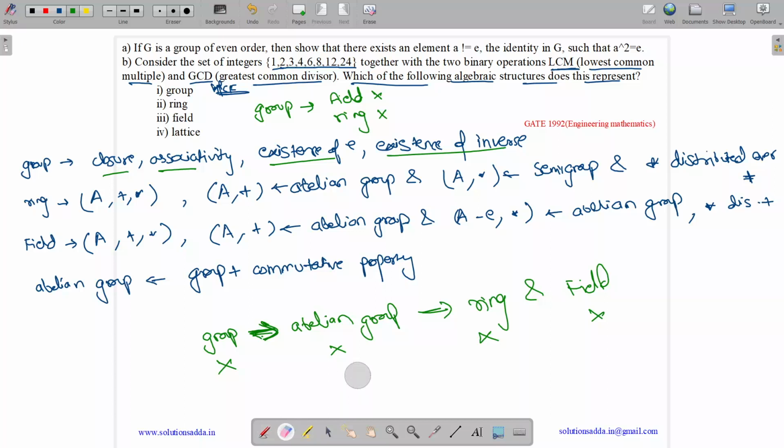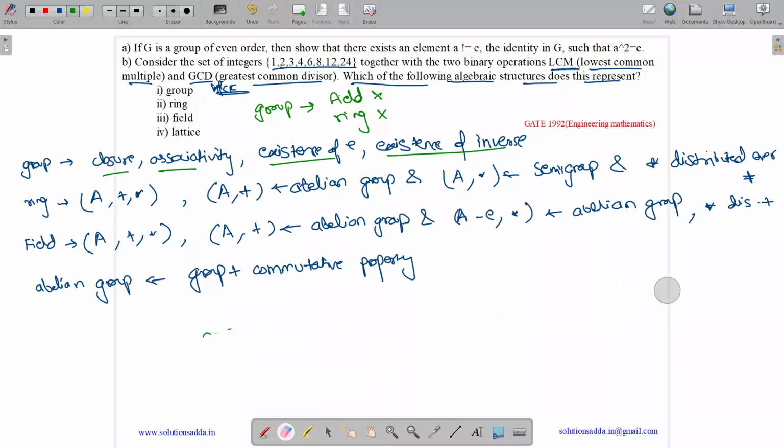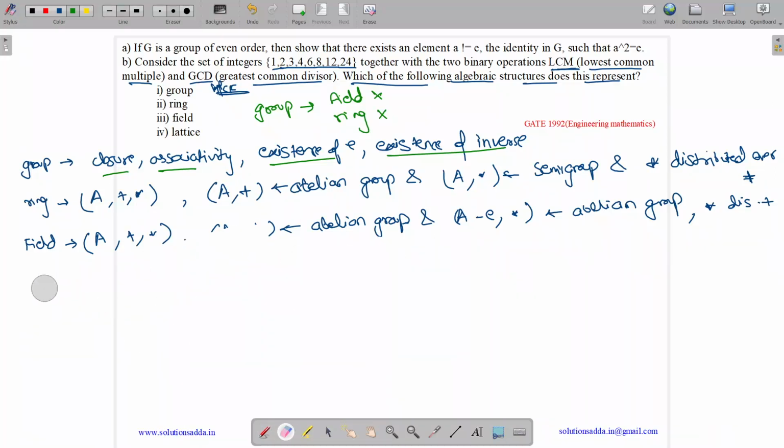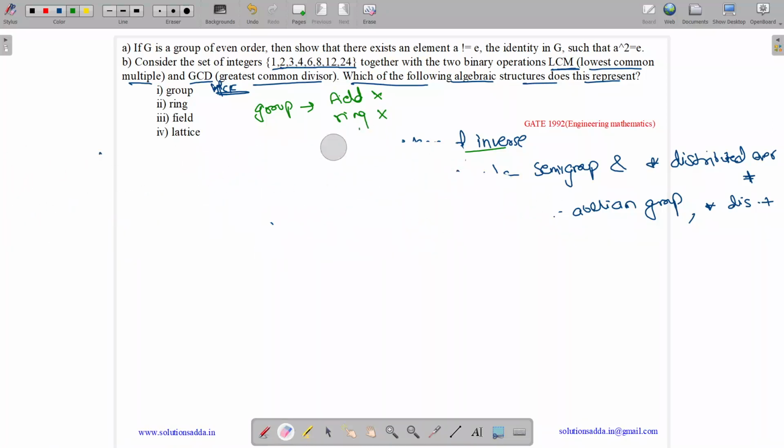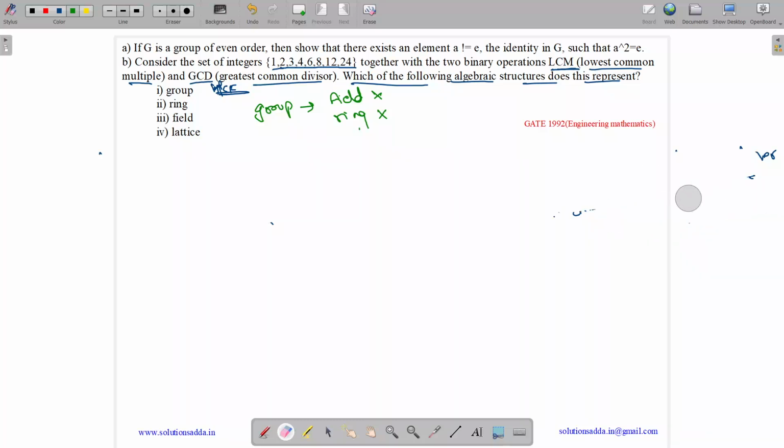Okay, now let me clear these things out and explain it further. So what is this operation? We can easily see that this is basically our D24 comma divides lattice.